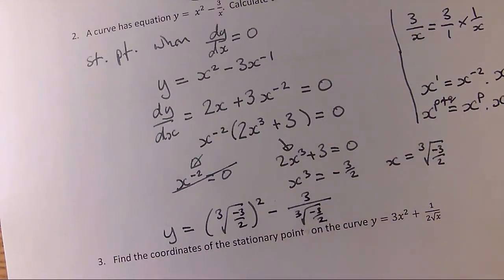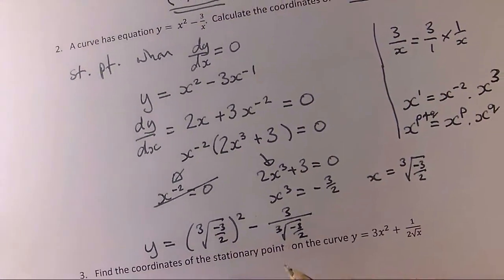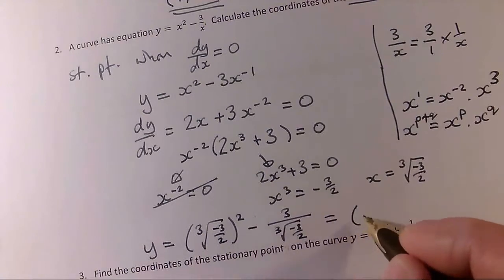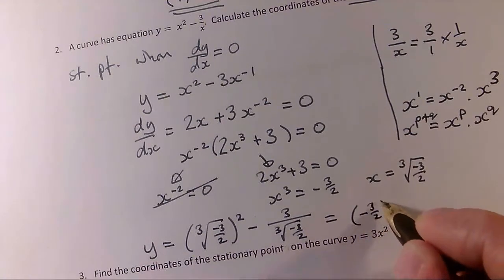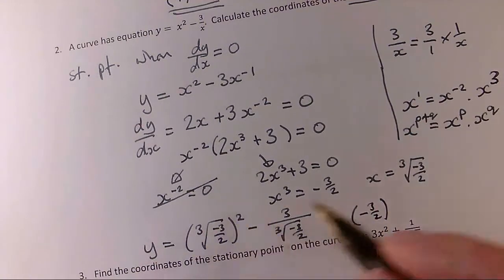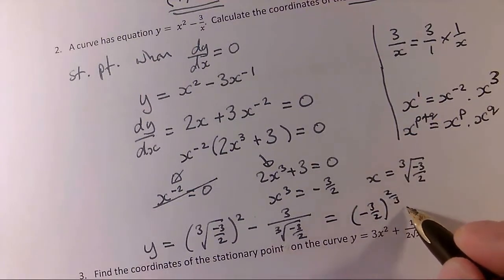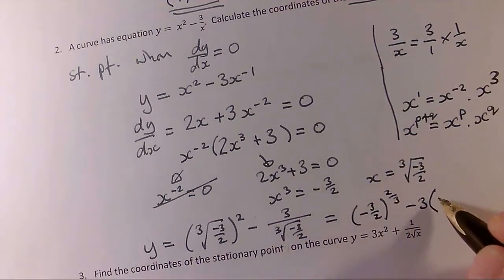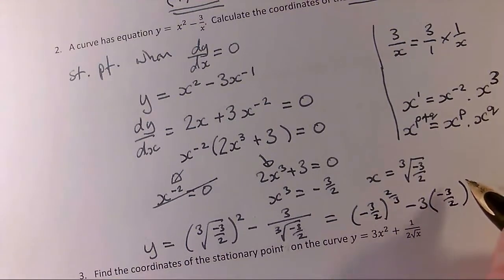I might even resort to decimals for this one, but I might leave it as minus 3 over 2 to the power of cube root squared will give me a power of 2/3, minus 3 times minus 3 over 2 to the power of minus 1/3 equals y.